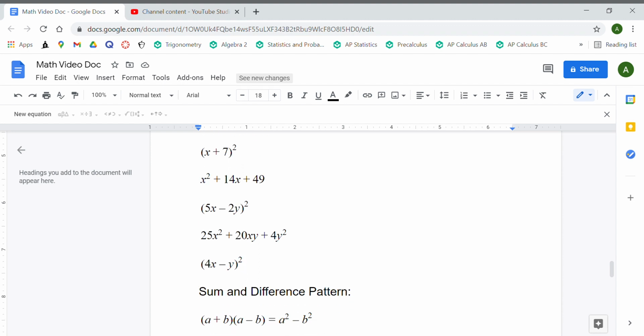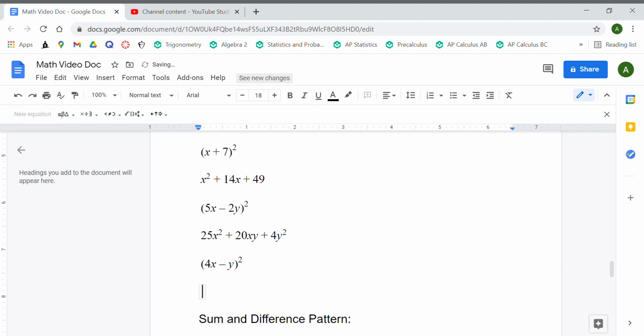Now try this one out. 4x minus y squared. Pause the video and use that special pattern I just showed you to work this out. Alright, so let's give it a try. Oh wait, this is supposed to be negative. Negative, guys, I'm sorry. Alright, back to business. Now we take 4x and square it, so it's going to be 16x squared.